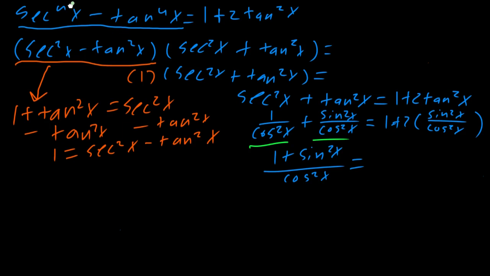Okay, next we're going to distribute this 2 into sine squared of x over cosine squared of x. So we have 1 plus 2 sine squared of x over cosine squared of x.